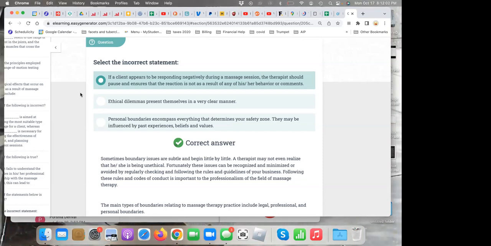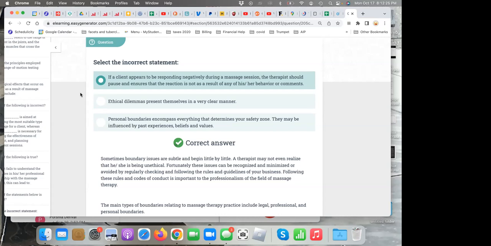Okay, sometimes boundary issues are subtle and begin little by little. The therapist may not even realize that she is being unethical. Fortunately, these issues can be recognized and minimized or avoided by regularly checking and following the rules and guidelines of your business.